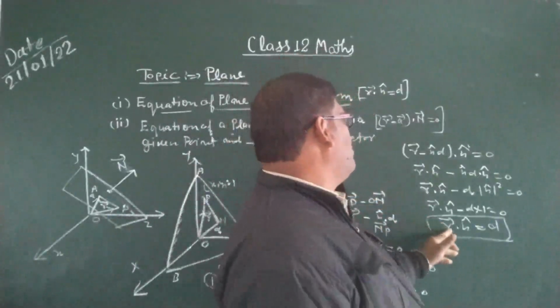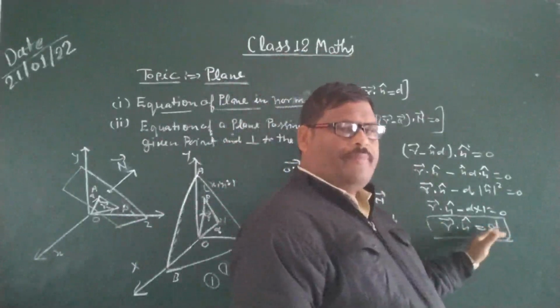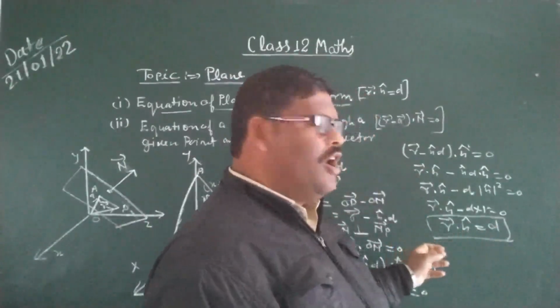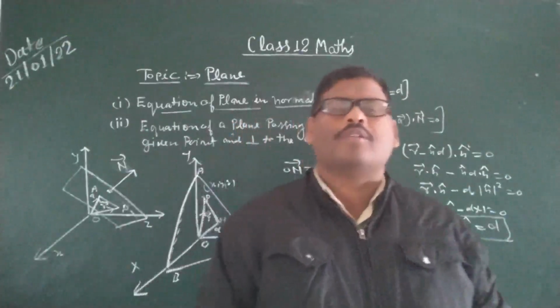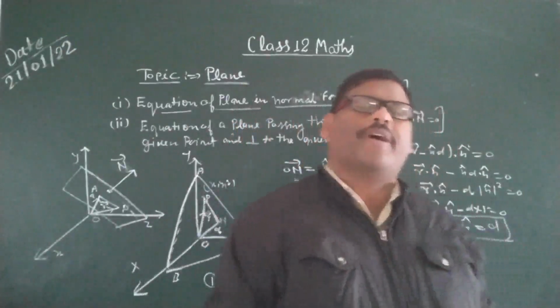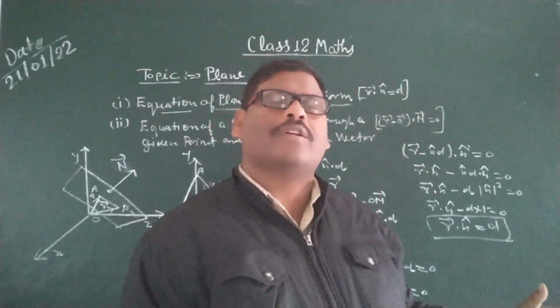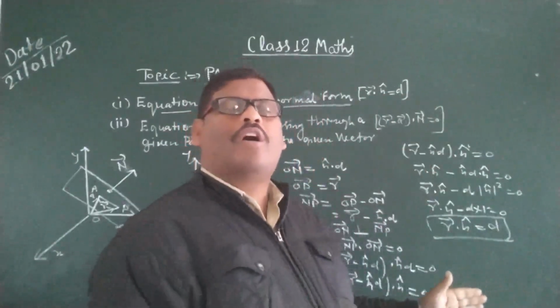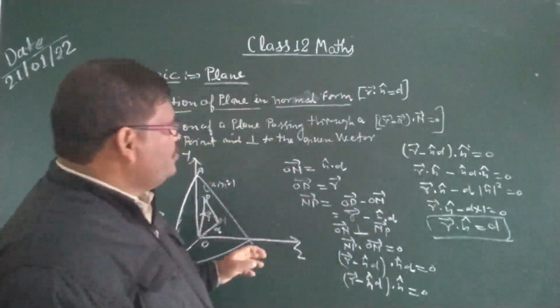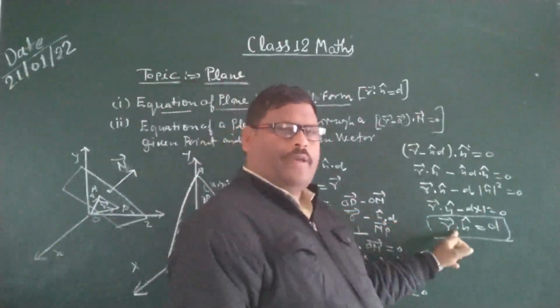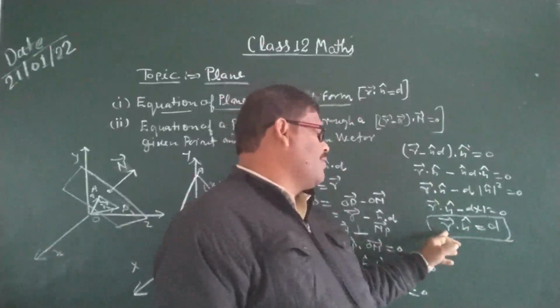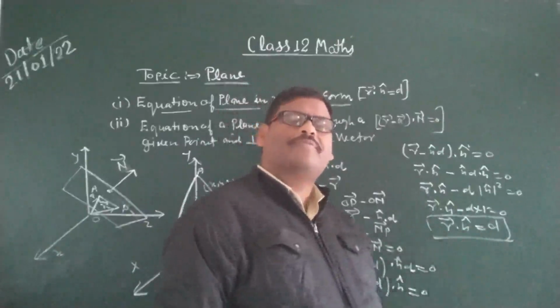We can apply the formula if the unit vector perpendicular to the given plane and its perpendicular distance are given. Now r dot n cap is equal to d is the required equation of the plane in the vector form.